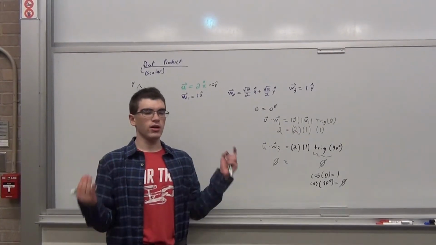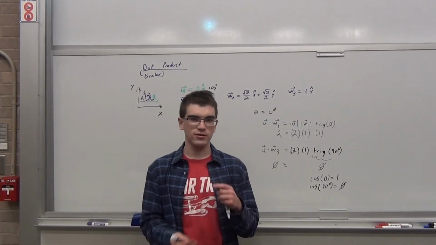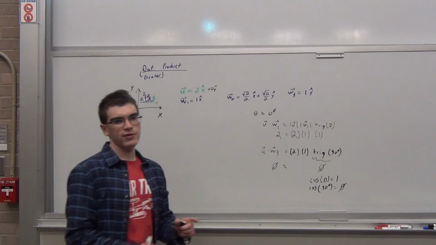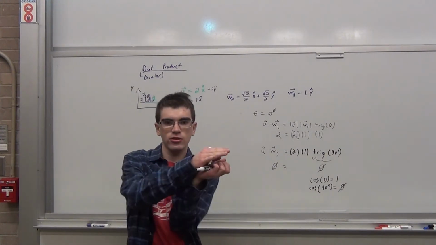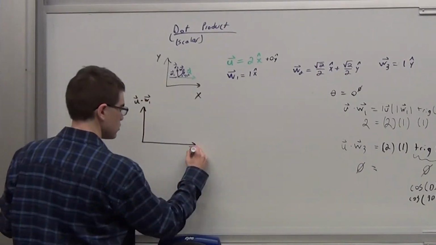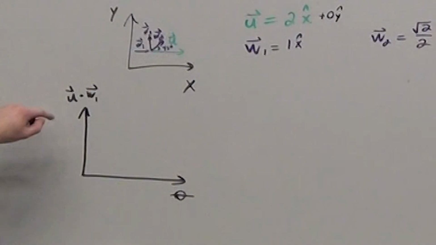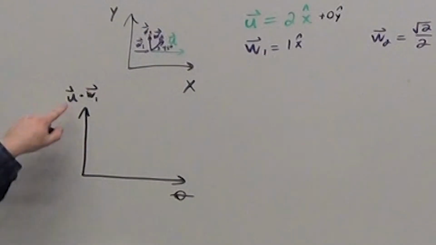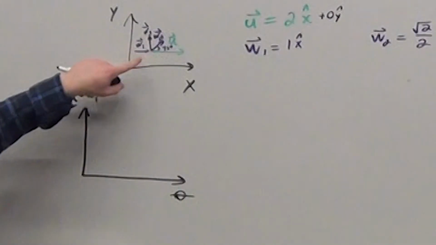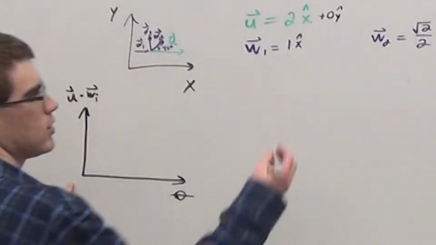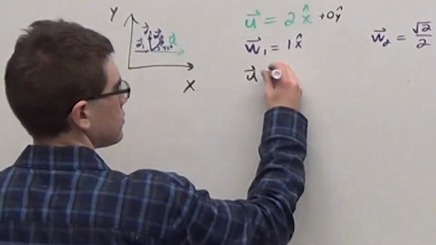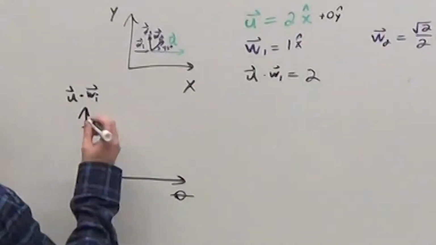We could actually also see another representation of why this is cosine if we make a graph of the dot product versus the angle between our vectors. The y-axis is just going to be the value of U dot Wi versus theta. When theta was equal to 0, that was just equal to U dot W1, which was 2.